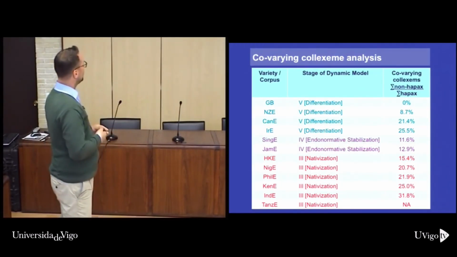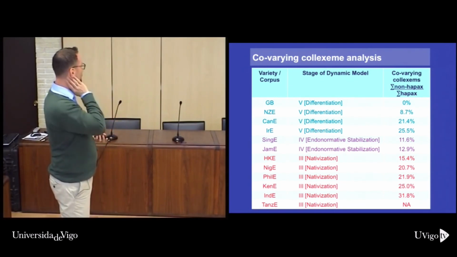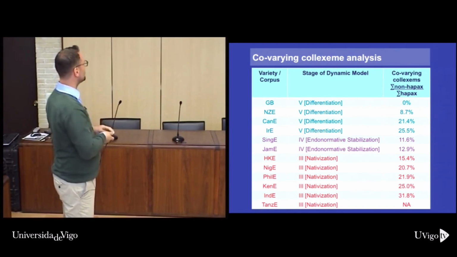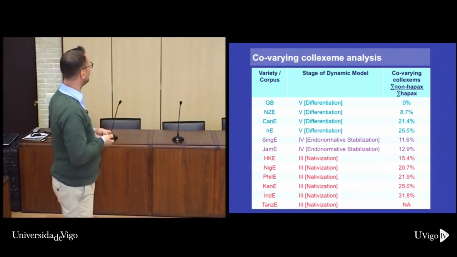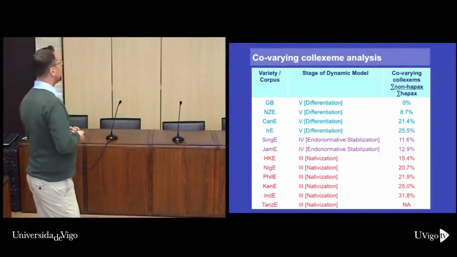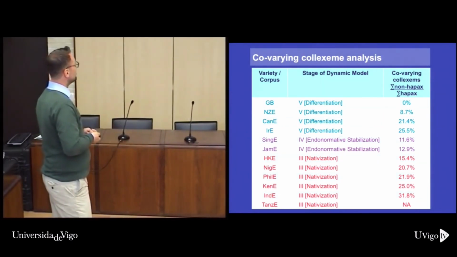Okay. This is, I looked at the number of hapaxes, non-hapaxes compared to hapaxes, the percentage, basically just to see what's the percentage of variation in terms of the reliance on specific patterns. And this is a Klein.